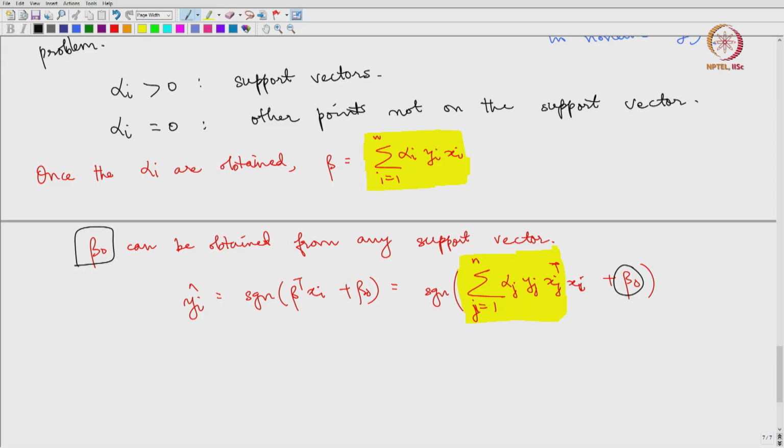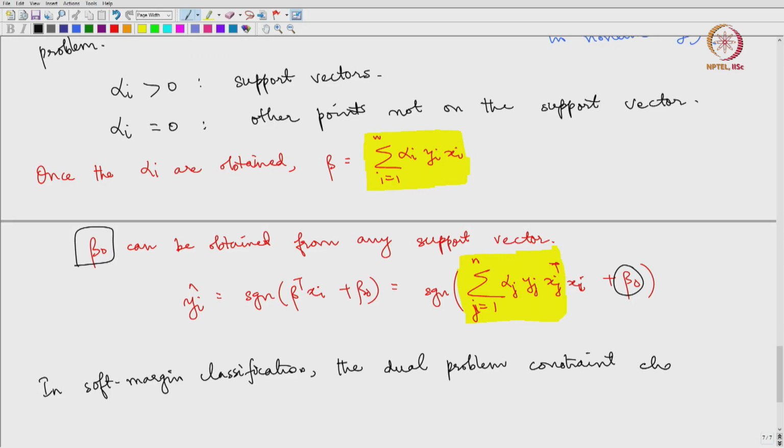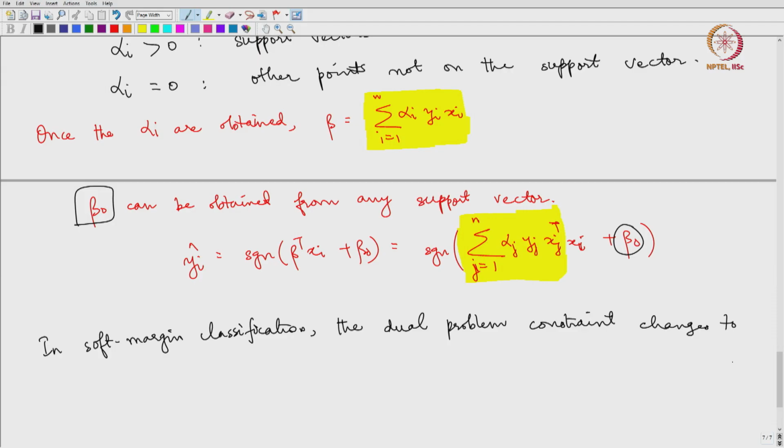And just for the sake of completeness, in soft margin classification, the dual problem constraint changes to 0 less than or equal to alpha i less than or equal to c, where again c is the regularization parameter, which tells you the trade-off between how much you allow slack in the prediction, and how much you are actually maximizing the margin.